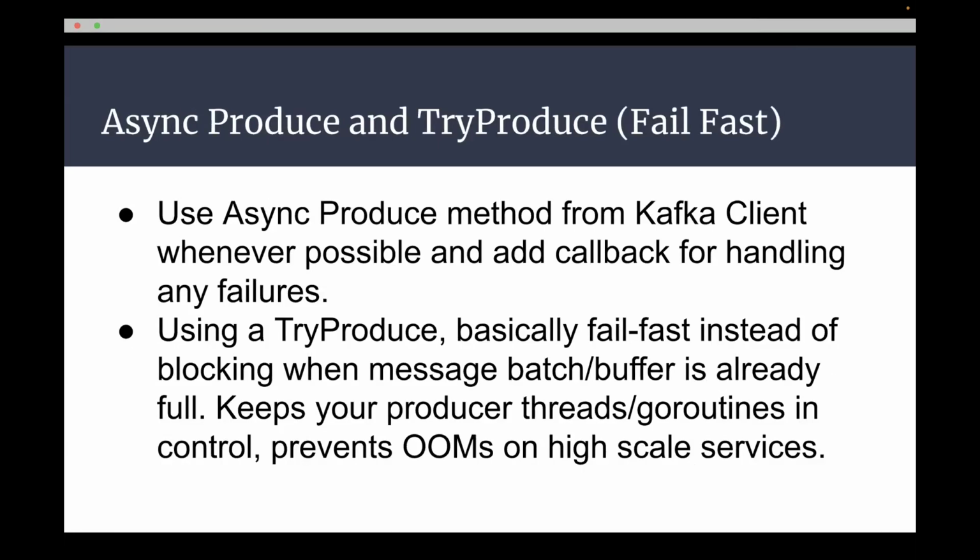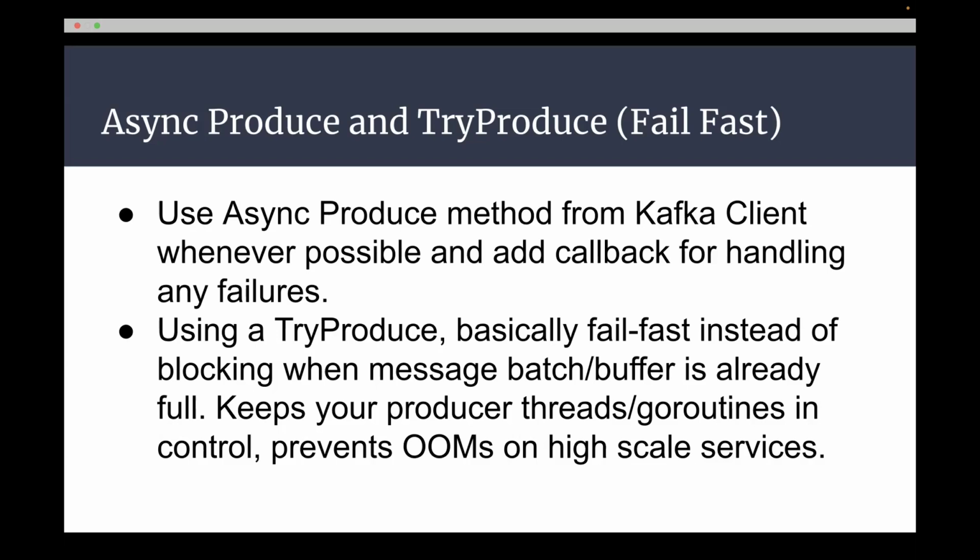Apart from that, there's a tip for producers. As a rule of thumb, wherever possible, you should use async produce. Be it the Java client or the Golang client, both of these provide async produce for your systems. Basically, what async produce does is you call the send method or produce method, it takes your message, and it allows you to add a callback.